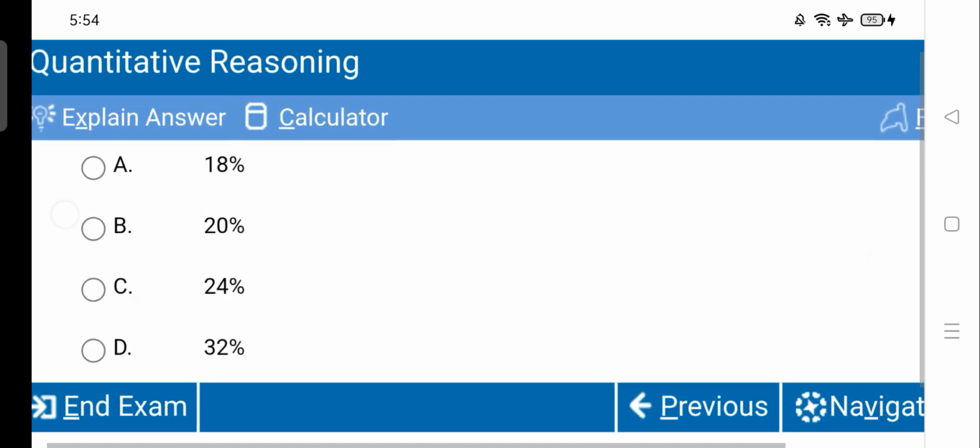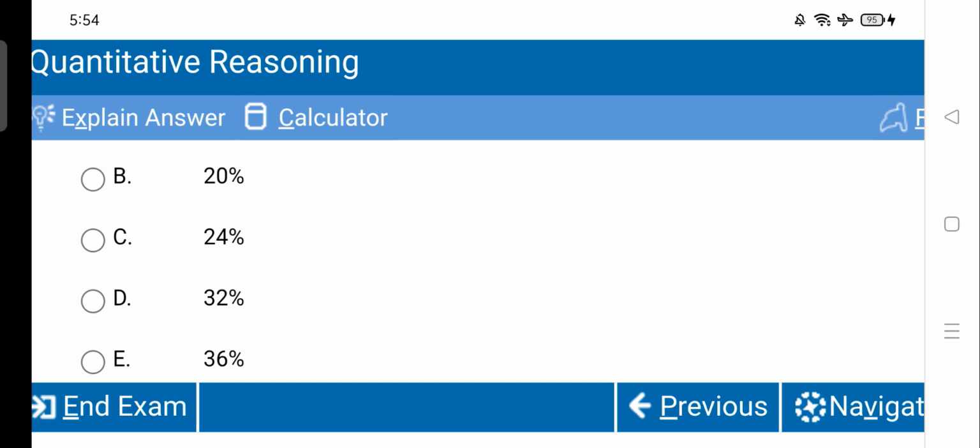Option A, 18%. Option B, 20%. Option C, 24%. Option D, 32%. Option E, 36%.